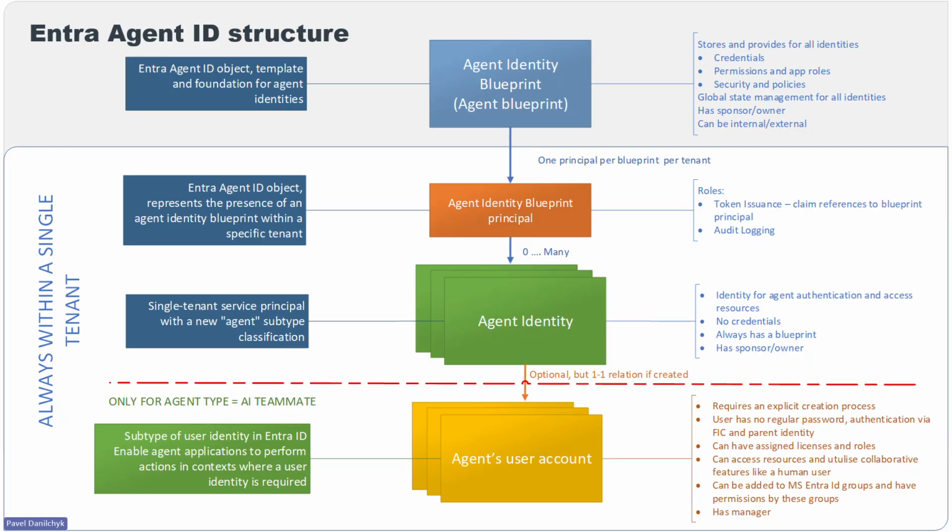If we want to create the new type of agent, called an AI teammate, and work with our agent like with a user, where you type and you can see your agent, and you see your agent as a teammate, like a real user which can perform its own work, we need an AI teammate. In this case, it is mandatory to have the agent user account.